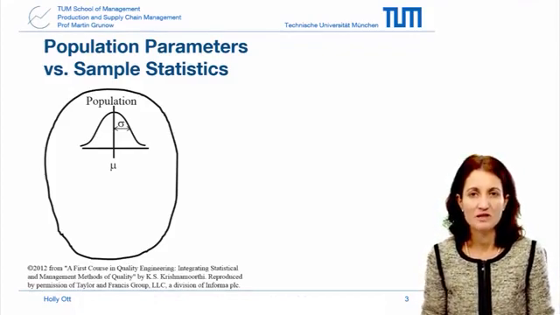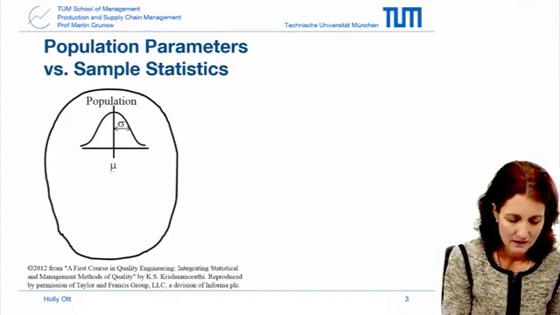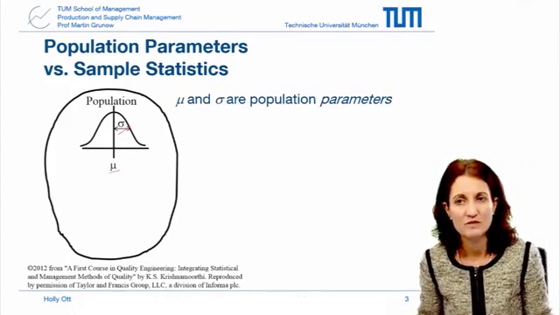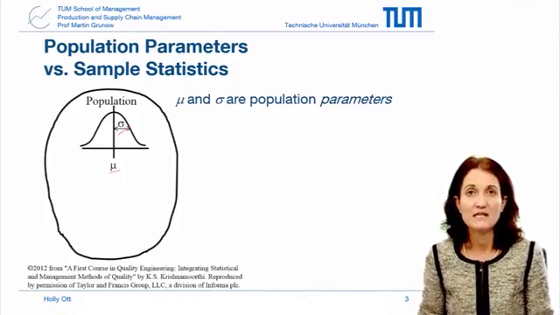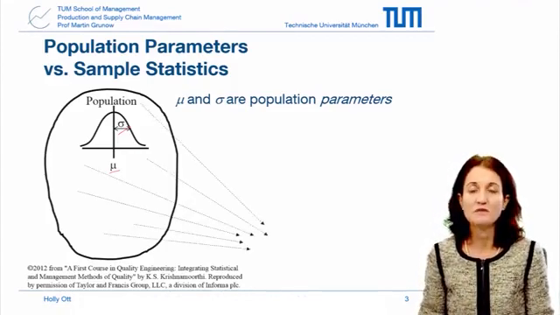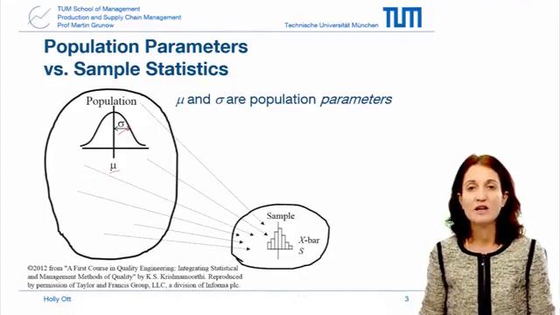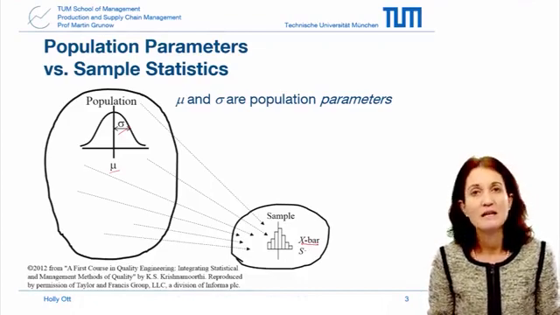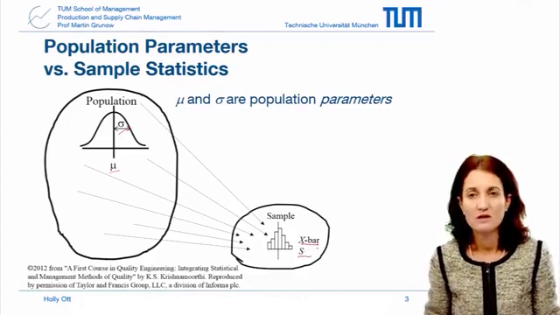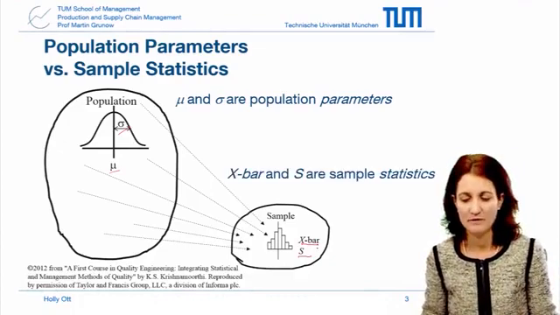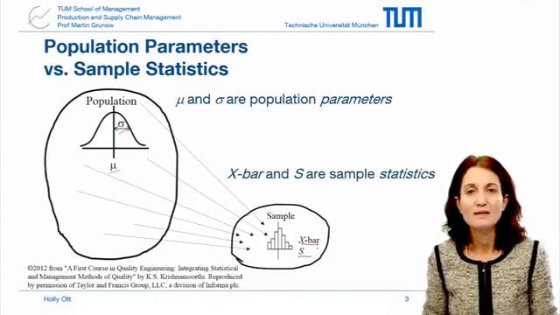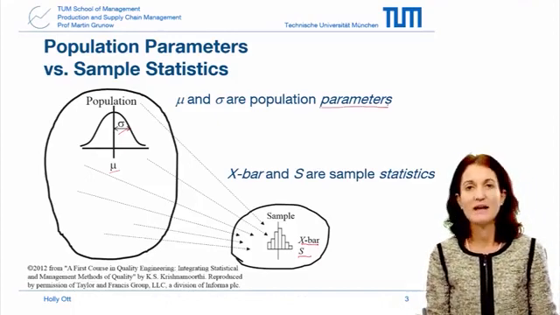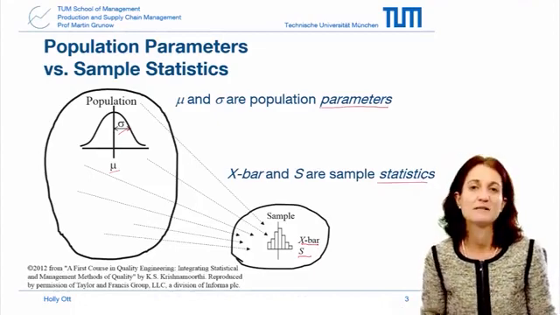So if we have a population where mu and sigma are the mean and the standard deviation respectively, we can then take a sample from that population, and from the data that we take, we can calculate the sample mean, called x bar, and the sample standard deviation, called s, from the sample. And so again, mu and sigma were the population parameters, and x bar and s were the sample statistics.